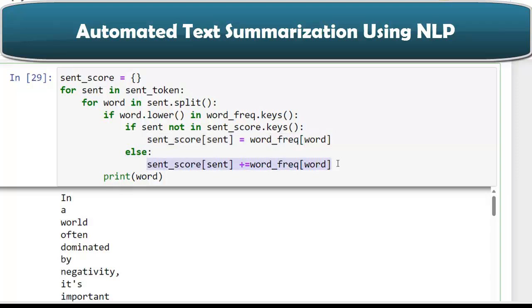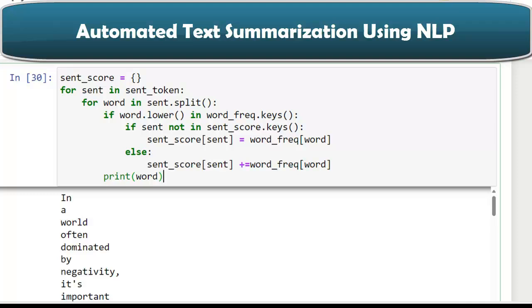Else, if the sentence is already in the sent_score dictionary, this line increments its score by adding the frequency of the current word. By the end of this process, the sent_score dictionary will contain the score for each sentence in the text, calculated based on the frequency of the words within each sentence.